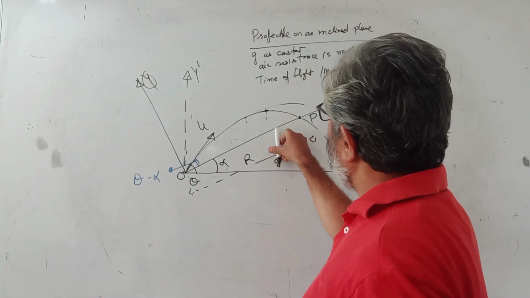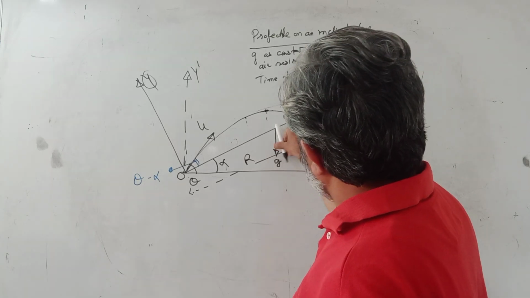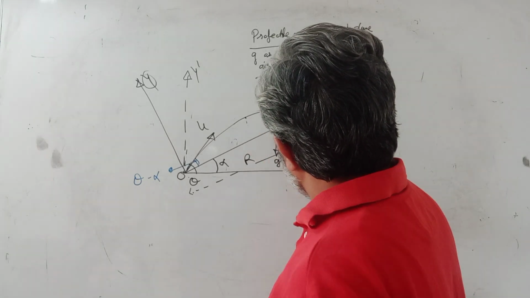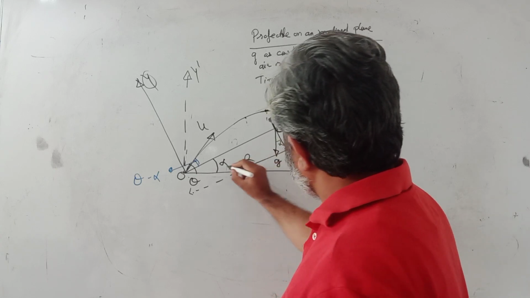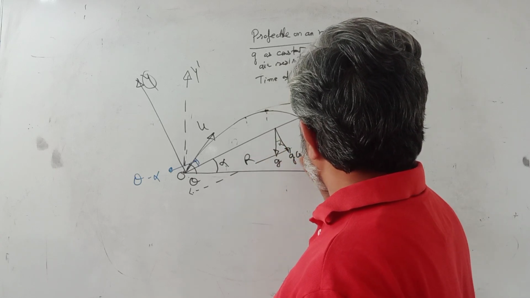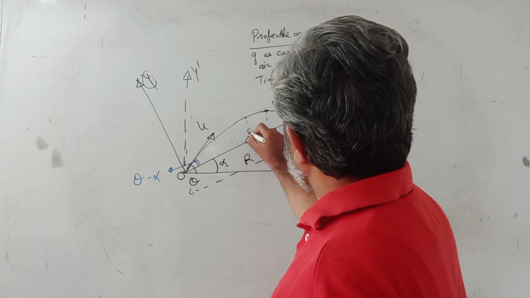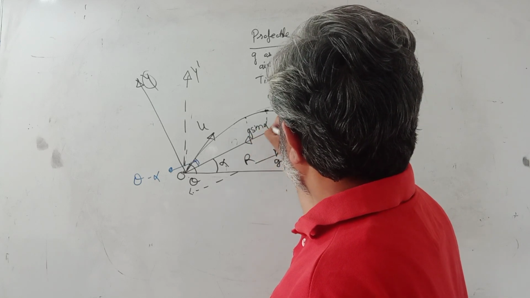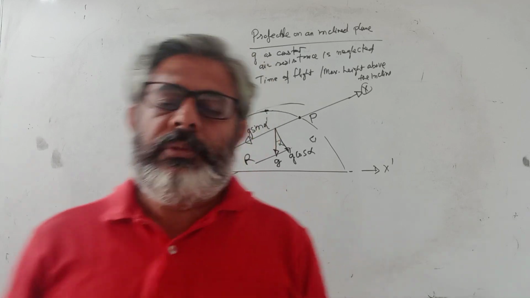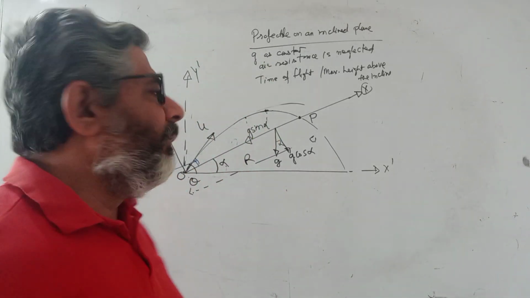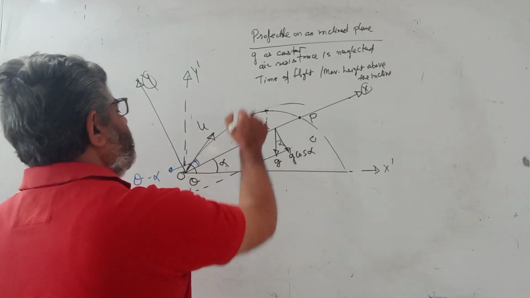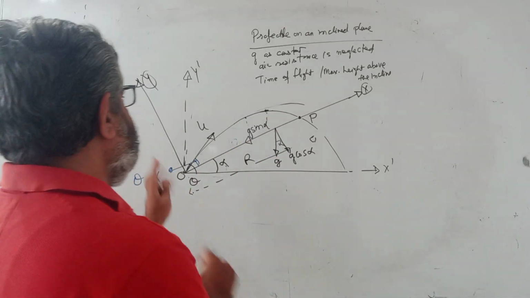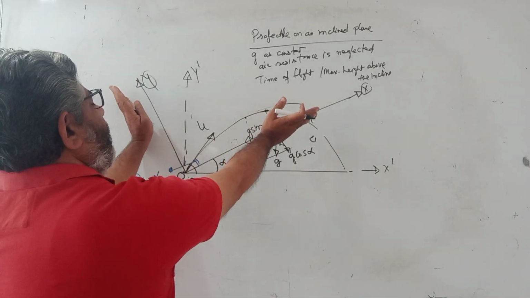That means one component of this acceleration will come in this direction and one component in this direction. Obviously, this angle is alpha, this is also alpha, so this becomes g cos alpha and this becomes g sin alpha. So this is the challenge which appears here, that there are components of acceleration in both the x direction as well as the y direction, but this is x, this is y.